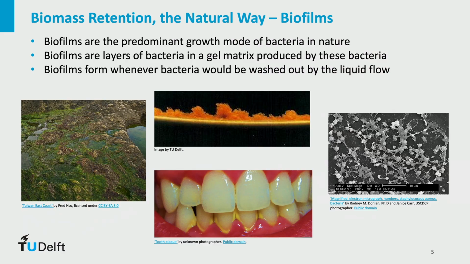The simplest way to achieve biomass retention is through biofilms. Biofilms are slimy layers of bacteria that naturally form on surfaces, like the plaque on your teeth. In a reactor, bacteria colonize surfaces, immobilizing themselves and forming a biofilm, while the wastewater flows over the biofilm surface.